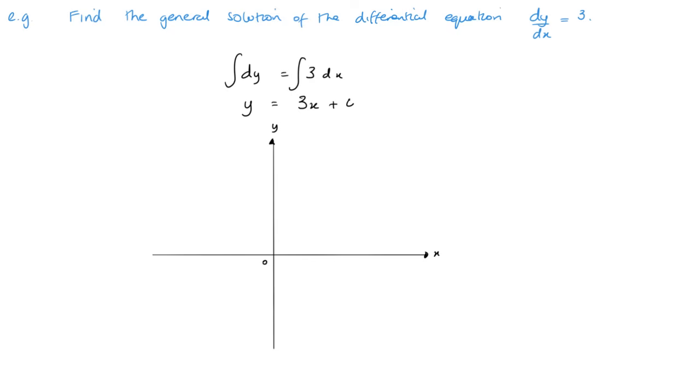And if I wanted to sketch members of the family of solution curves represented by the general solution, I would have this one when c equals 0. This, for example, when c equals 1.